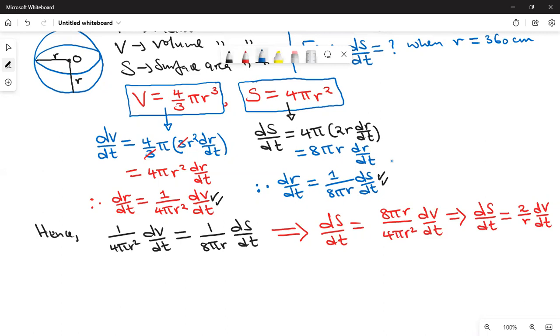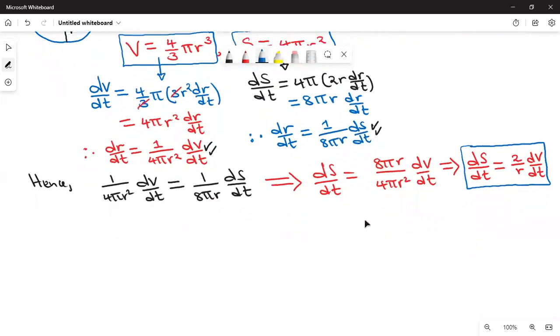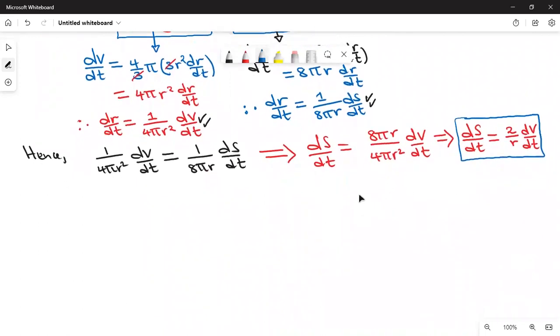And you see the task is to find dS/dt. That's why we are eliminating dr/dt, because we don't need to find dr/dt. We are interested in dS/dt given dV/dt and r. So now when you substitute what you are given, we now substitute the value of r.